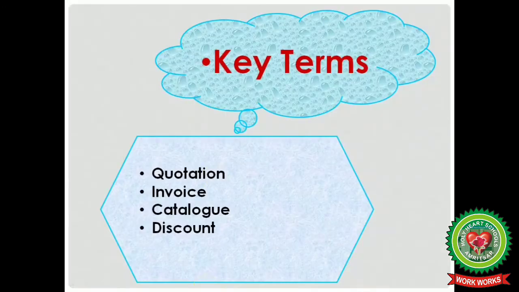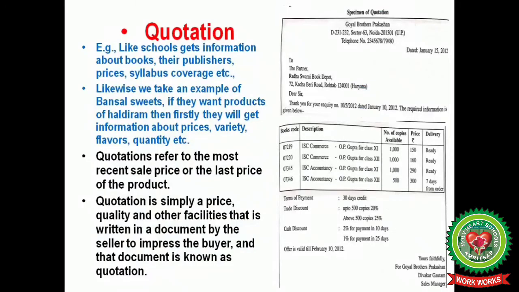So first of all we will discuss our key terms. Our key terms are quotation, invoice, catalog and discount. These are the four terms whose meanings we are going to learn. The first one is quotation.